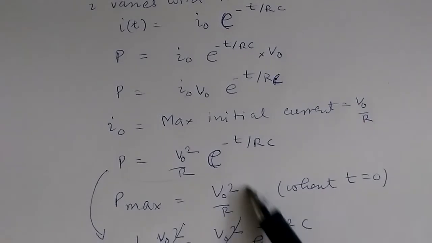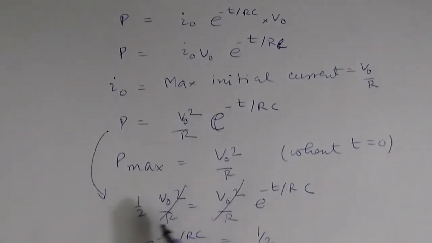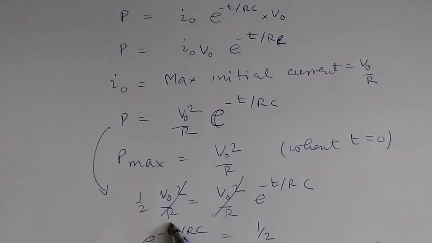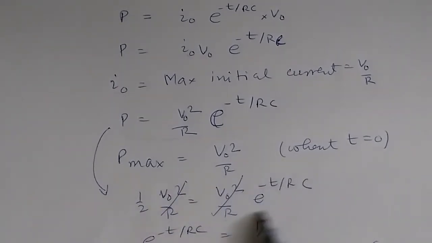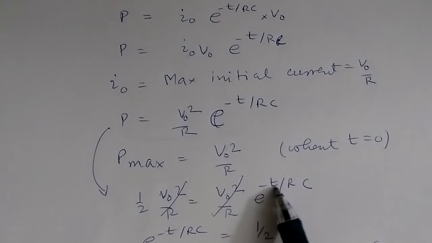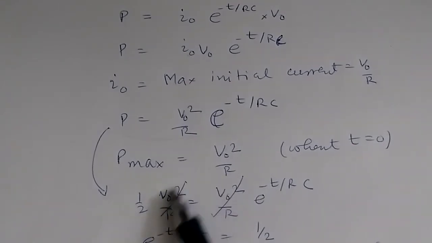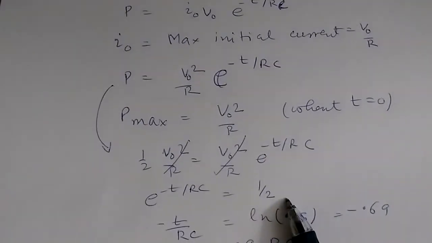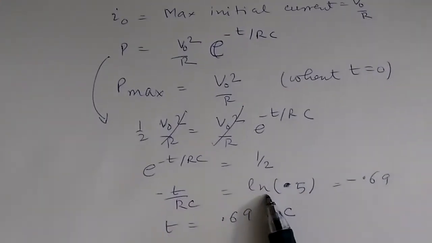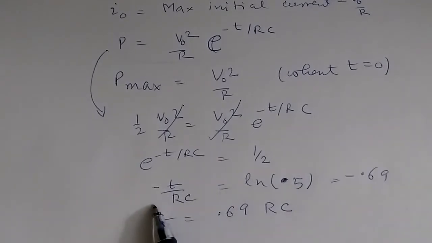Half of that maximum power is half of V0 square by R, and that becomes equal to this equation. We need to find out at what time this happens. V0 square by R cancels on both sides, so e to the power minus t by RC is equal to half. To solve this equation for t, we take the natural logarithm.